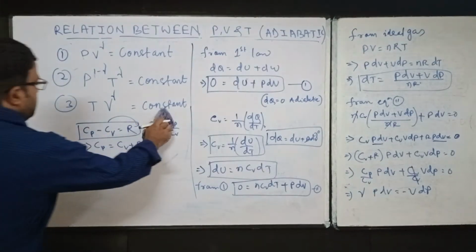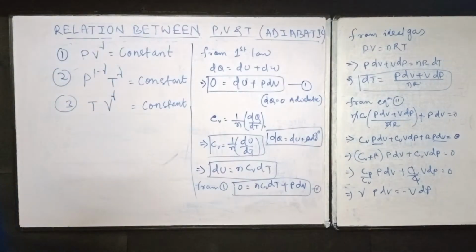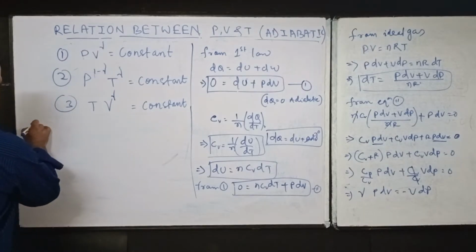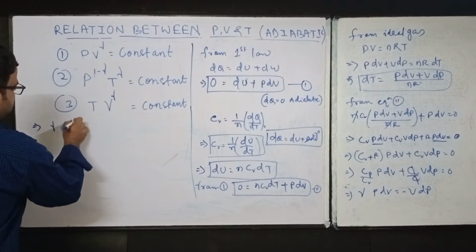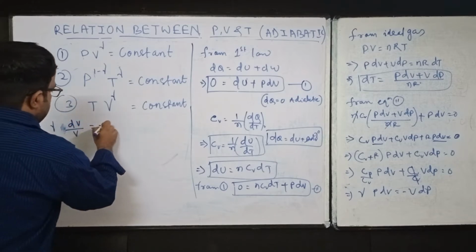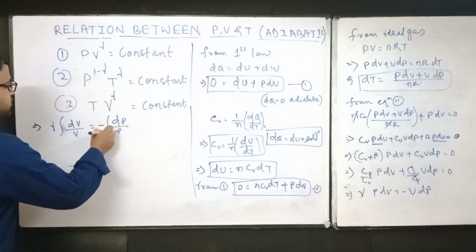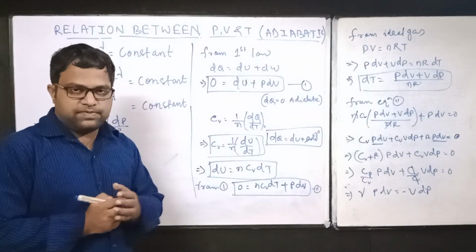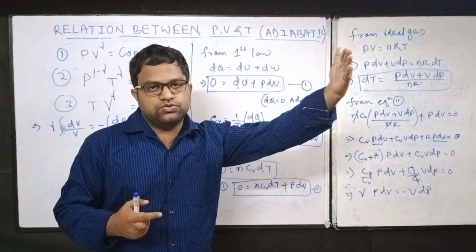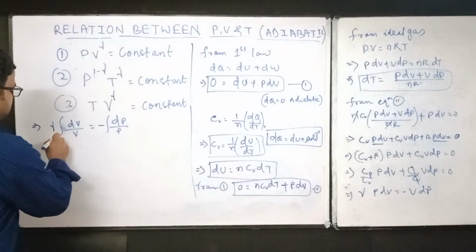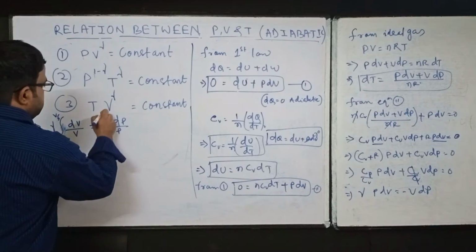So we'll separate the variables: gamma dV by V equal to minus dP by P. Now I'll integrate both sides with proper limits. Let's say the volume is expanding from initial volume Vi to final volume Vf, and pressure changing from Pi to Pf, initial pressure to final pressure. This becomes a definite integral, Vi to Vf on one side and Pi to Pf on the other.